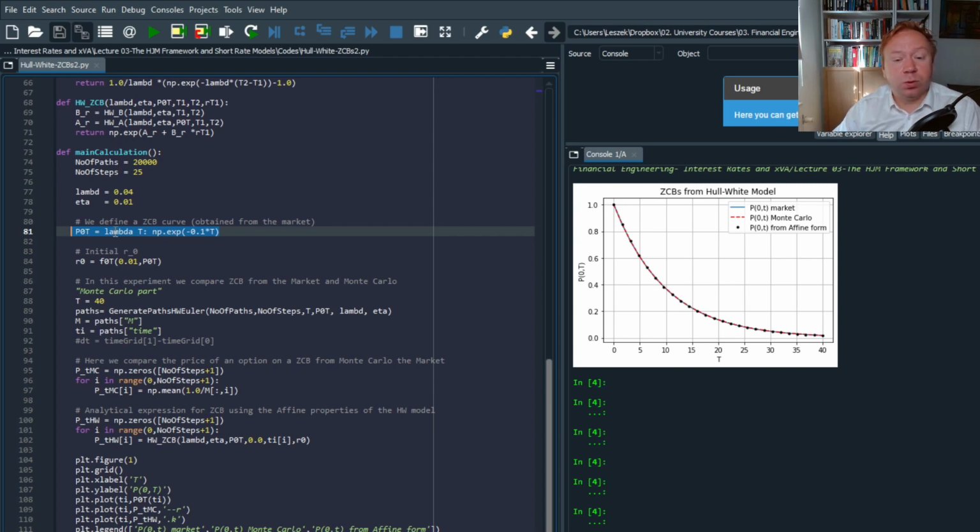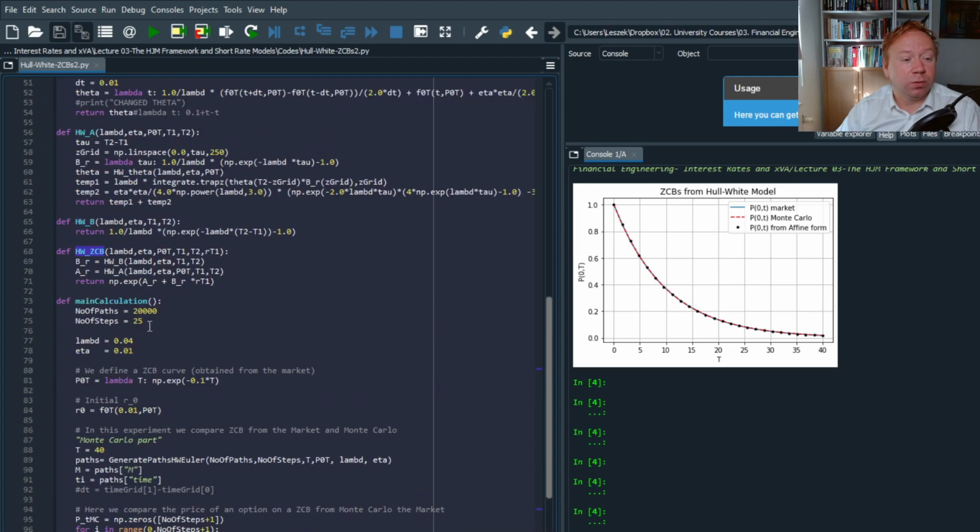Then we would like to evaluate zero coupon bonds from the model. The first approach is to calculate it using the expectation of 1 over M(T). This is what we have done previously for the Hull-White model and also for the G2++ model. In the second approach, I'm going to evaluate the zero coupon bond using the analytical expression from the slide.